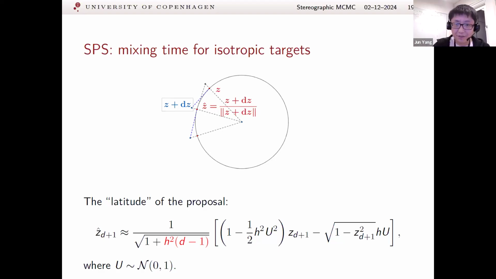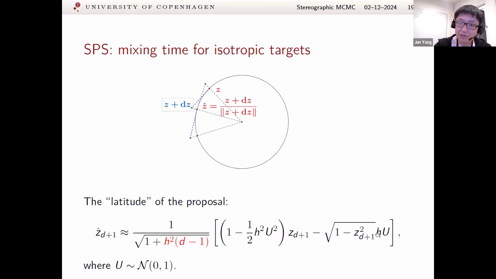So in the stationary phase, imagine this latitude is close to 0, which corresponds to the equator. So you can just ignore this term. And then the proposal latitude is roughly a Gaussian, right? Because this capital U is Gaussian, and divided by this term. However, there's an h here. You can choose this h arbitrarily large, because it will cancel with this denominator, square root of h squared.